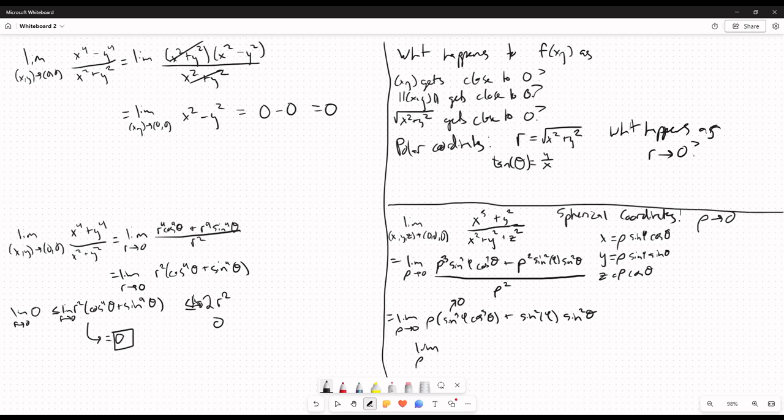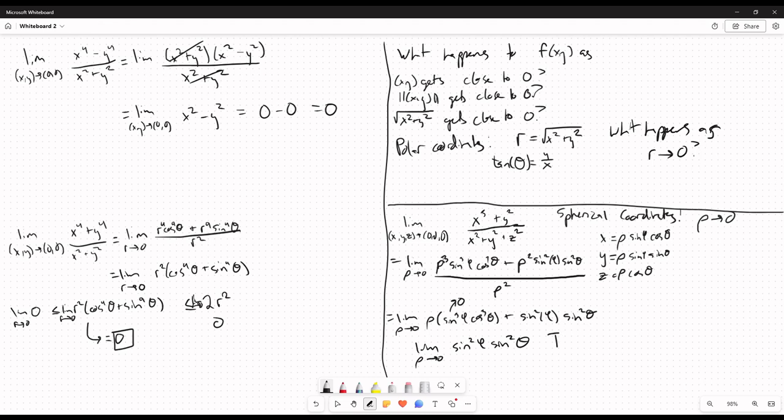So this is going to be the limit as rho goes to 0 of sine squared of phi sine squared of theta. And here's the problem, because with what we're left with, we don't really know what this value is.